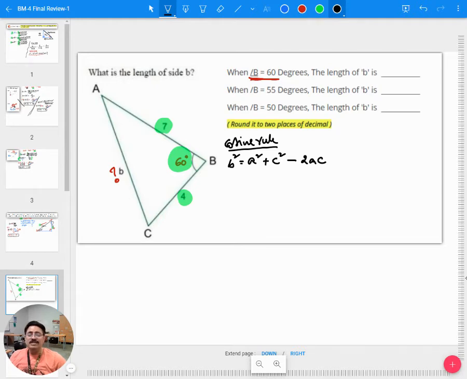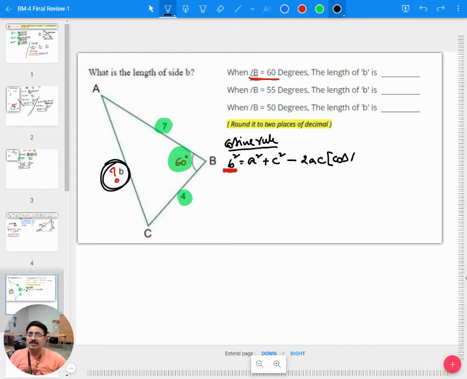The actual rule is c square equals a square plus b square minus 2ab cos, but here you are asked to find b, therefore I am taking b square. When you write b square, obviously the other two letters, a square and c square, are taken. Times cos, whatever letter you start with, that angle is to be taken.